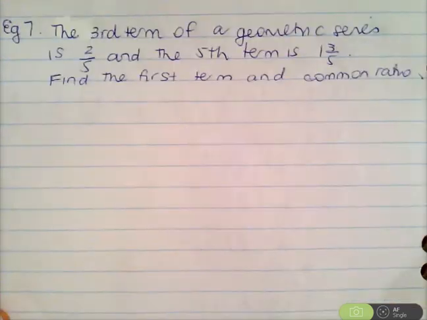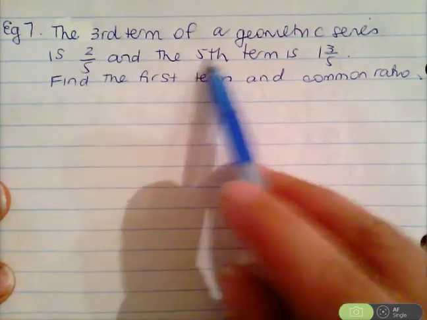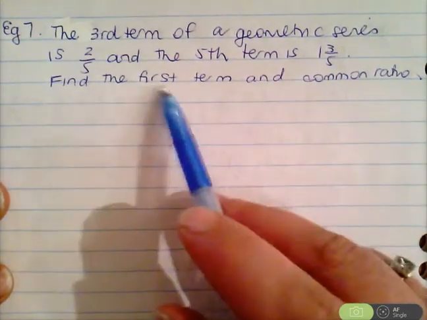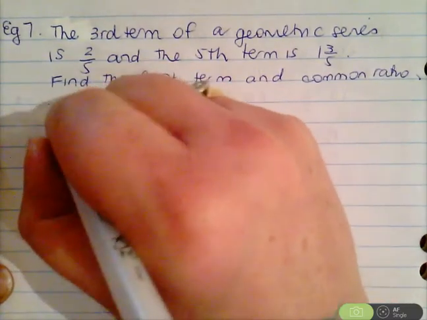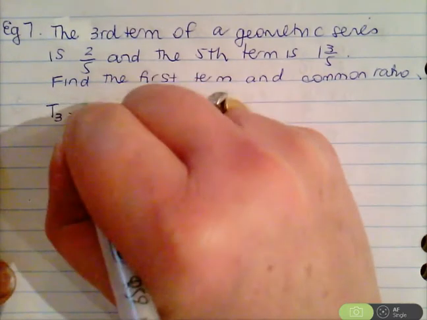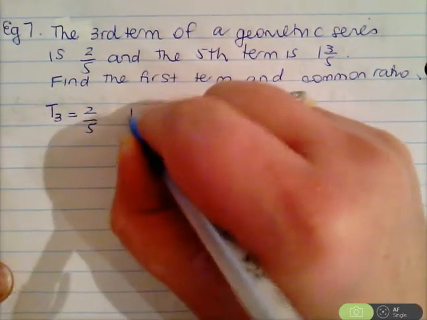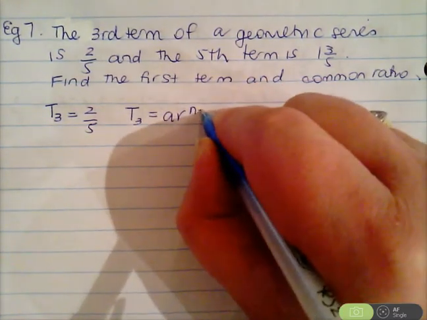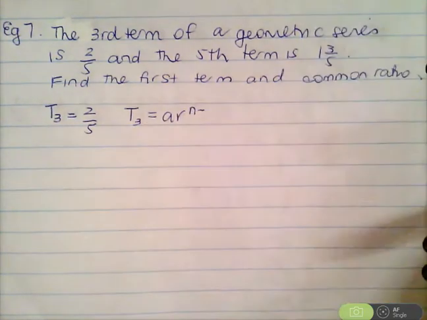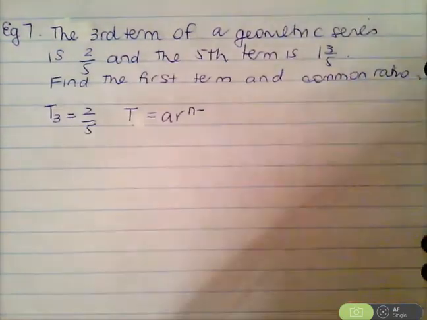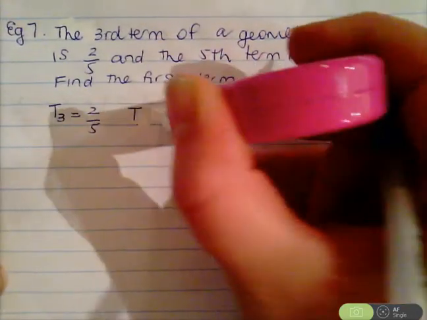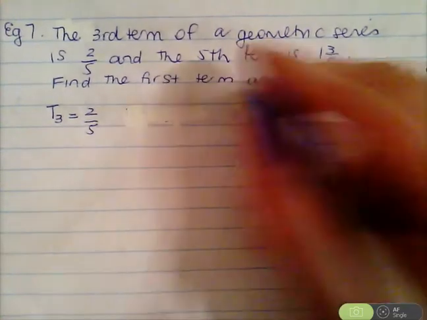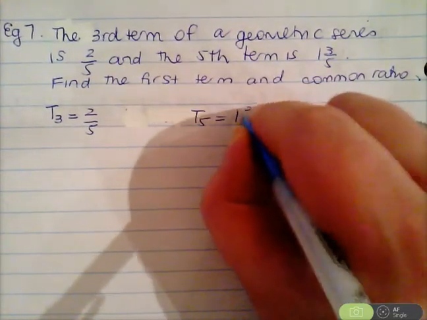The third term of a geometric series is 2/5, and the 5th term is 1 3/5. Find the first term and common ratio. So we know that the third term T3 is 2/5, and the 5th term T5 is 1 3/5.